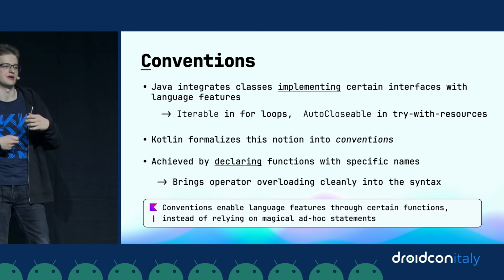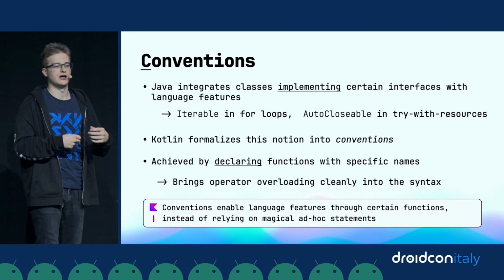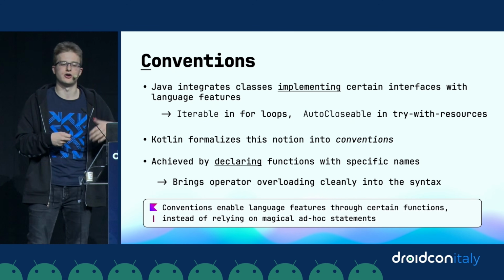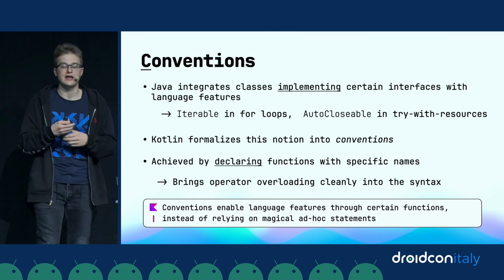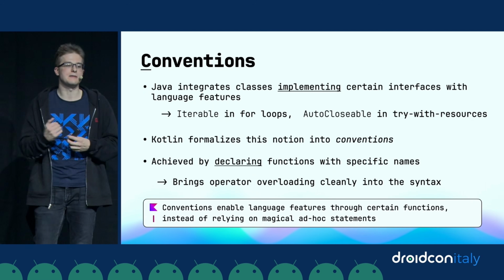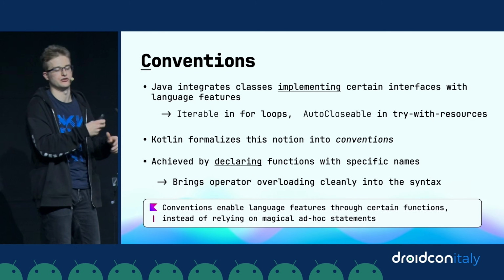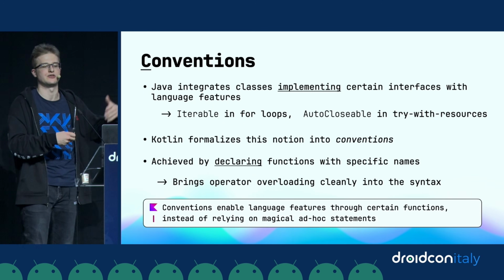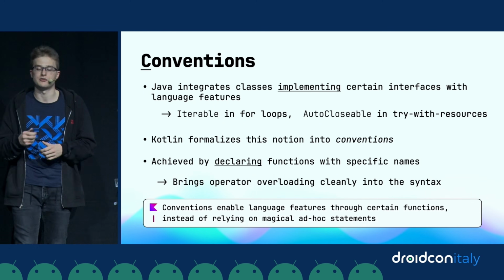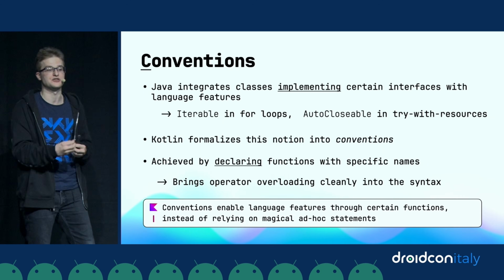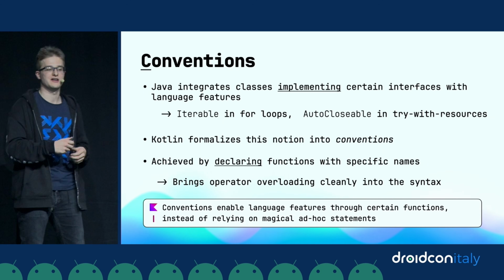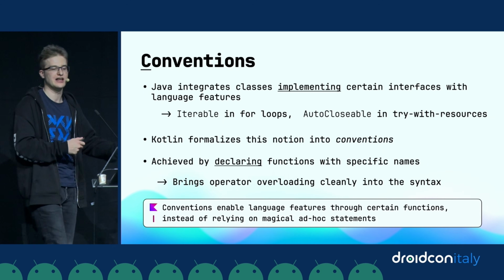For example, how it implements Iterable in loops for making items iterable, or AutoCloseable for try with resources, and it works by implementing interfaces. So once a class has been compiled, you cannot change it anymore because you cannot change which interface it implements. Kotlin actually formalizes conventions, which is this way of integrating in the language by declaring functions with certain names.